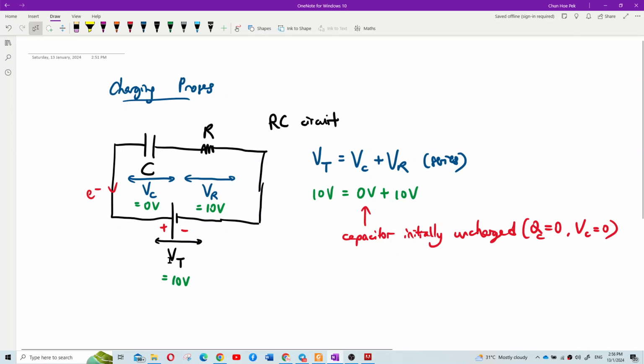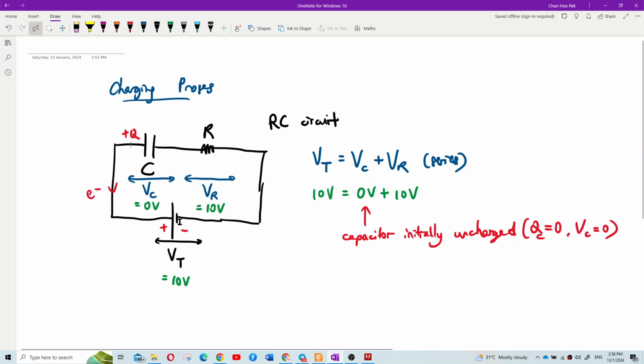So this plate loses electrons. Understand? So it starts to become positively charged. Why does this plate become positively charged? Because it loses electrons. The electrons are attracted to the positive terminal of the battery.